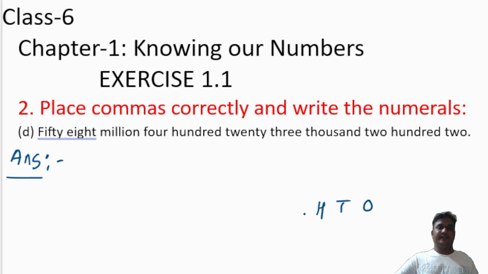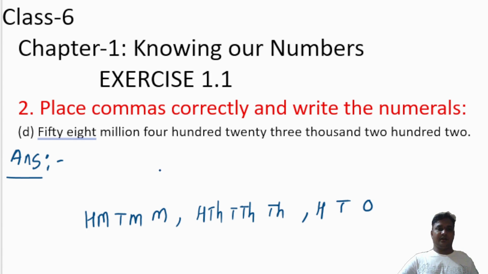After every 3 digits, there will be a comma. Then thousands, 10,000s, 100,000s, then comma, million, 10 million, 100 million. This is the international place value chart.